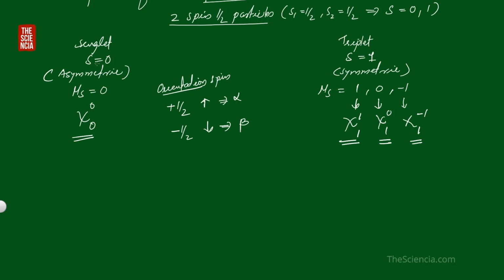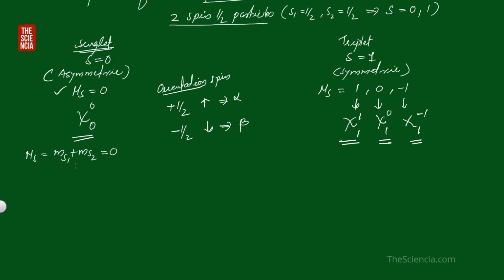Here see, in the singlet state, the MS value is equal to 0. That is, what is MS value? MS is equal to MS1 plus MS2. That is equal to 0.